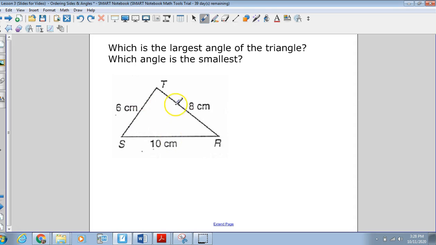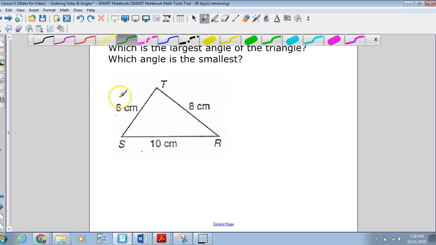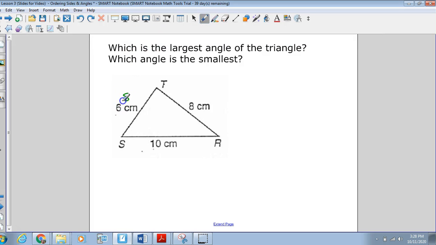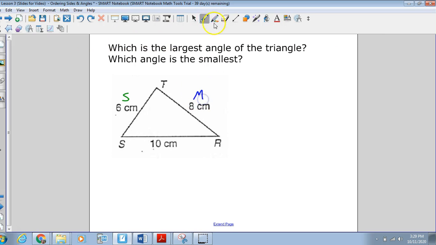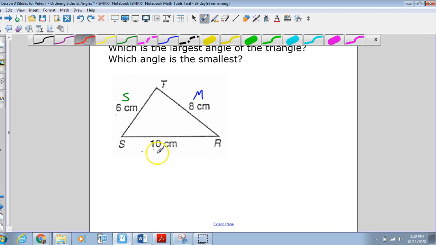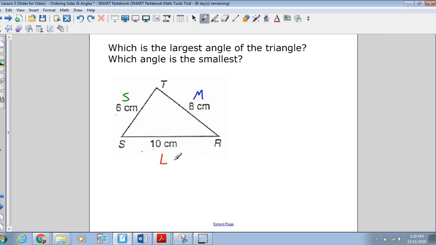We don't know any information about the angles, but we can figure out which one is the largest and which one is the smallest just by putting our sides in order and then looking at the angle that's across from that. So I always like to label mine with the 6 is the smallest, and then this 8, I'm going to do a different color, that is the medium length side, and then the largest side right here.